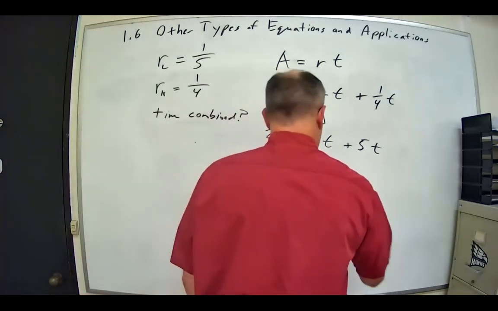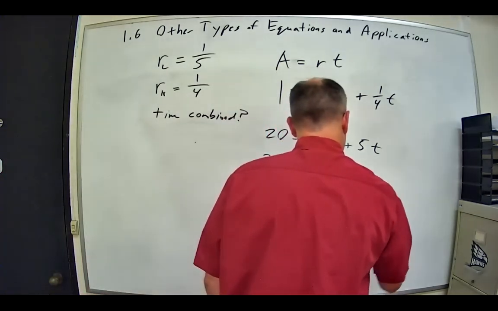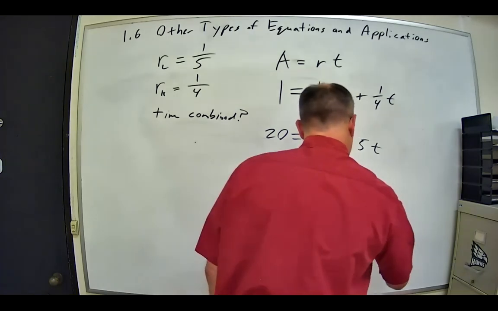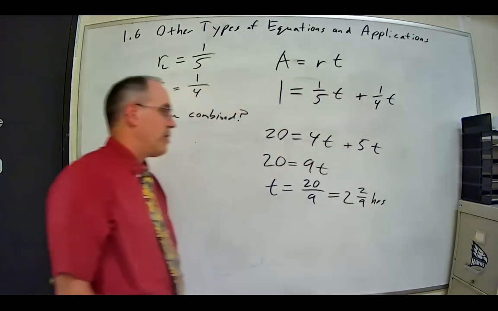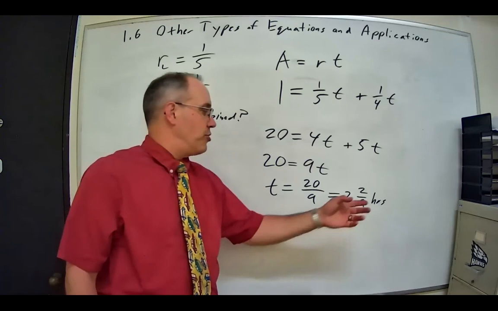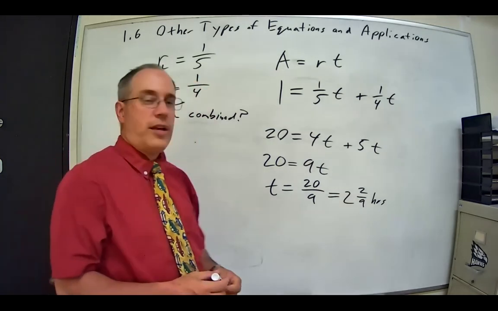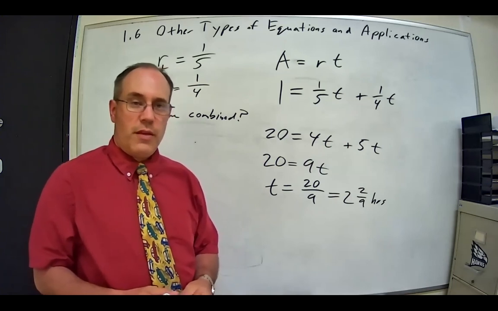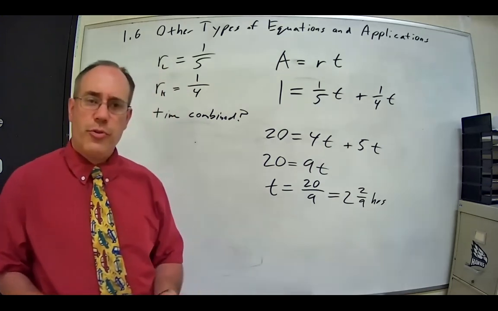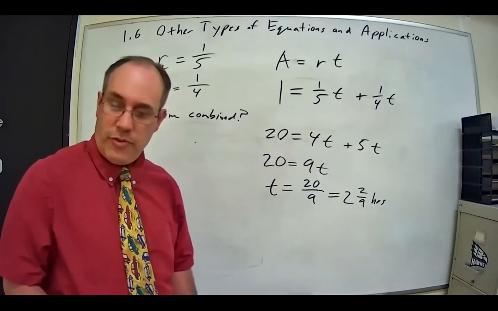20 ninths is equal to 2 and 2 ninths hours. So 2 and 2 ninths hours is how long it's going to take. Well, how much is 2 ninths of an hour? That's a good question. It's 0.22 times 60 minutes.